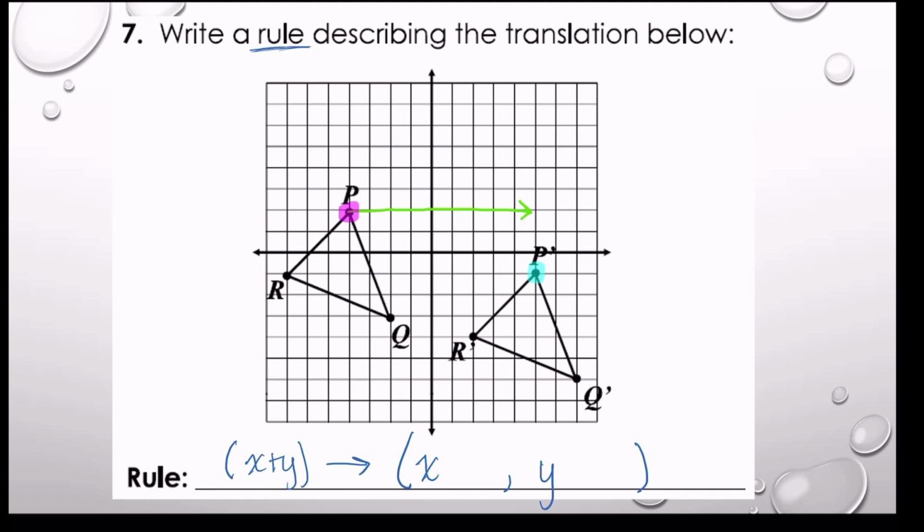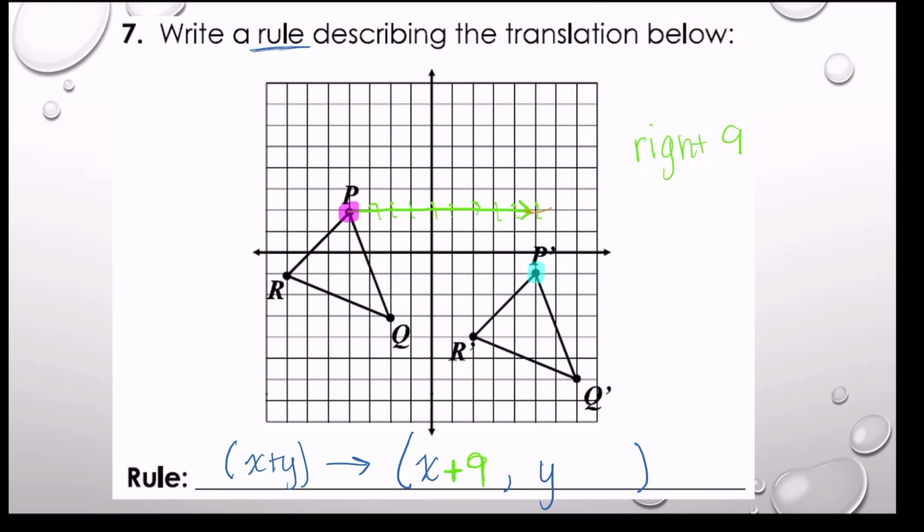How many spaces did I go? 1, 2, 3, 4, 5, 6, 7, 8, 9. I went to the right 9. My whole shape has moved right 9, meaning I need to take my X and add 9. There's my rule.